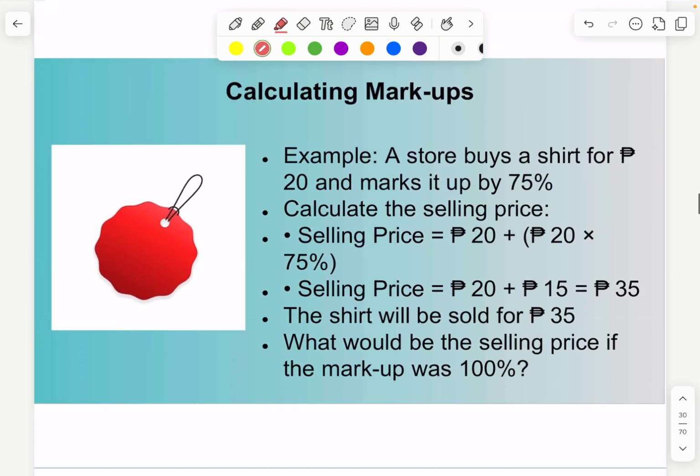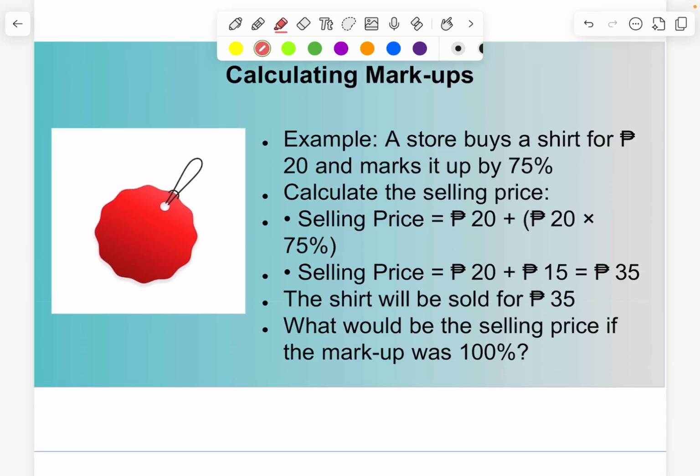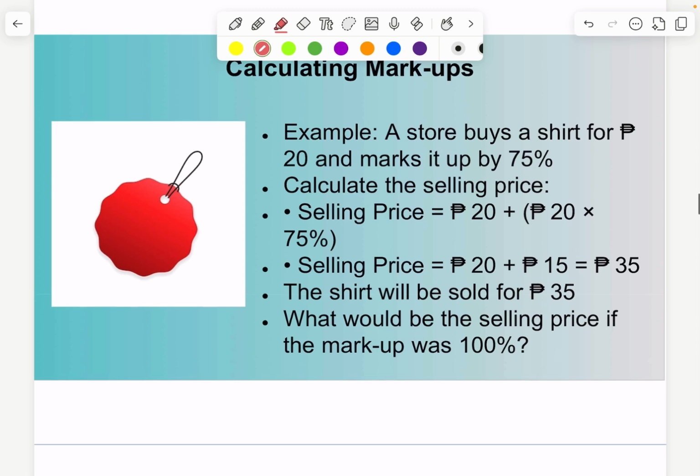Let's have an example. So a store buys a shirt for 20 pesos and marks it up by 75%. So ang buhaton na nimo ana is of course the formula for selling price kay katong cost price, di ba? Atong cost price is 20. Dugangan daw nimo og what is our markup percentage? 75.